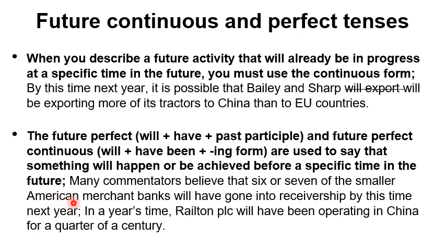First, we are talking about the future because we are talking about next year. But before this time next year, there is another event: many smaller American merchant banks will have gone into receivership.